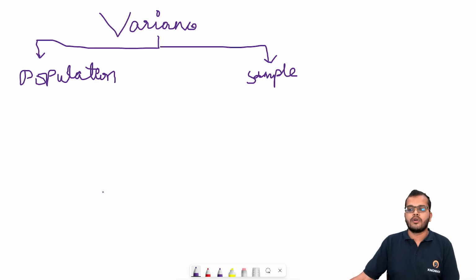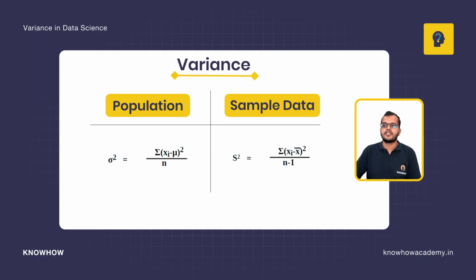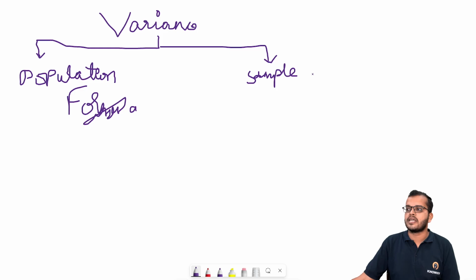Now the formulas: one is the population formula and the other is the sample formula. We should focus on both. The population variance is generally denoted by sigma square.